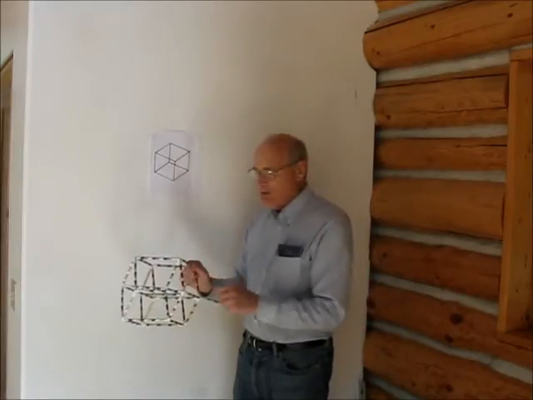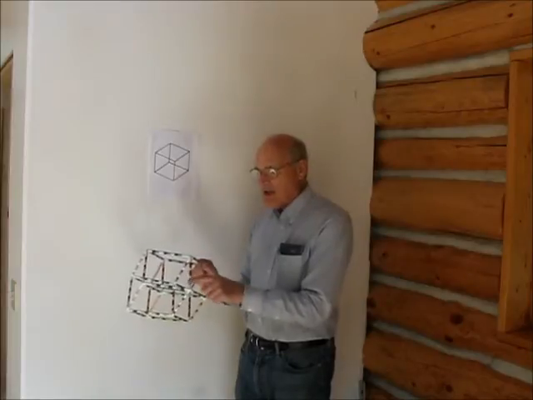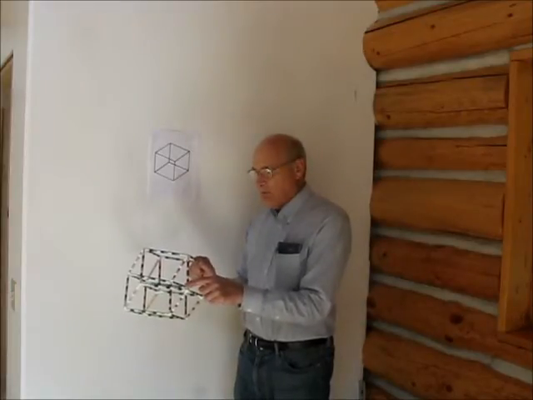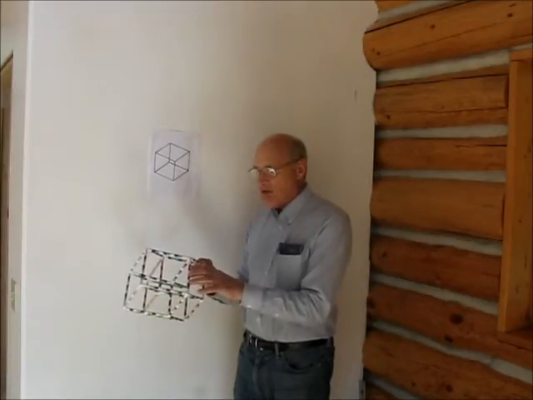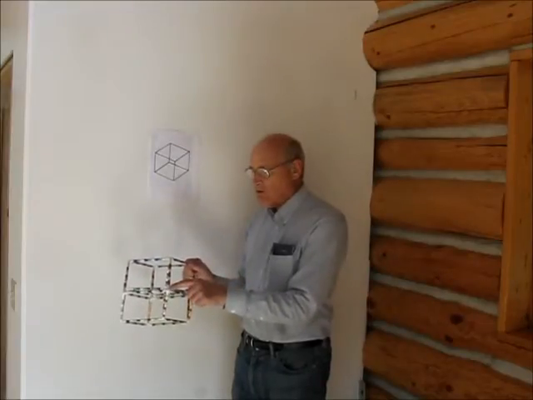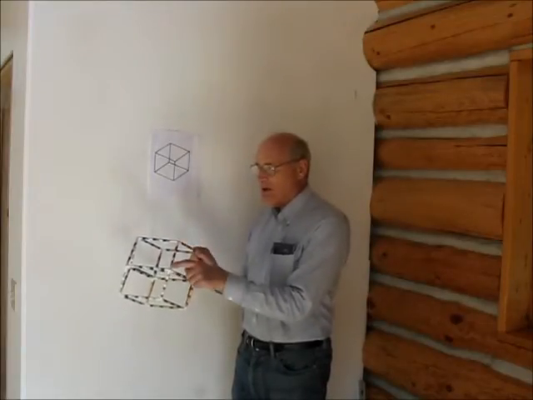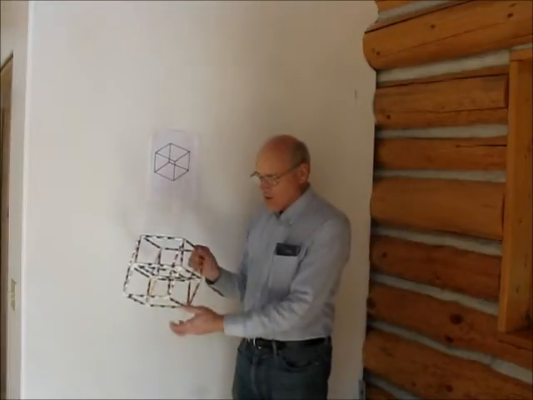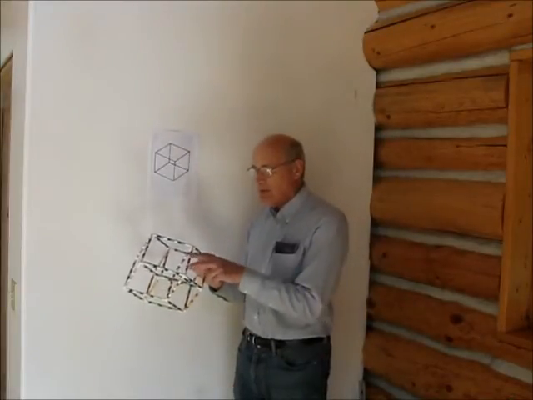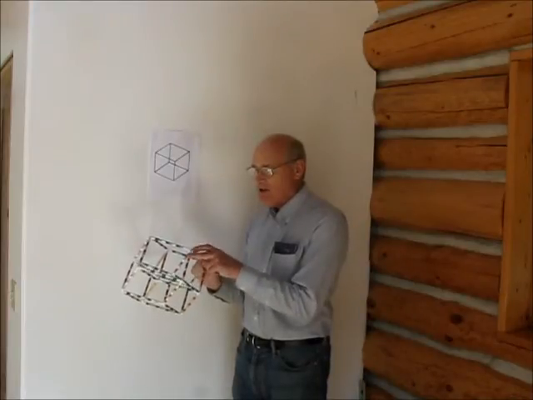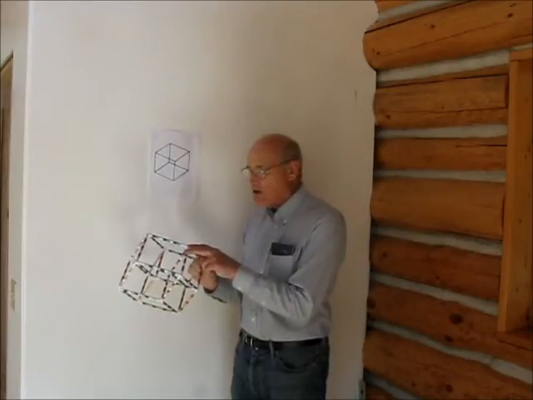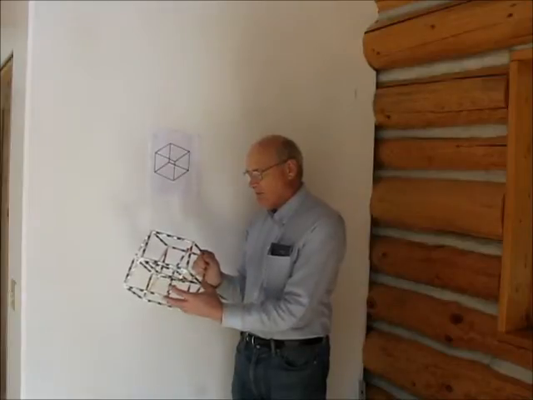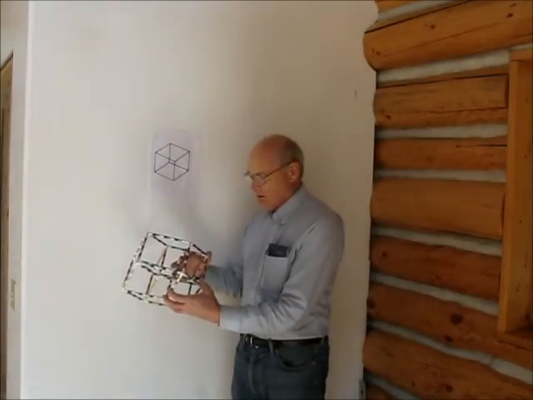And each edge of the cube participates in 3 different cubes. So this edge, for example, is colored red, white, and blue. That's the only edge that is red, white, and blue. But it means that this edge is part of the red cube, and that one is the one that goes down here.